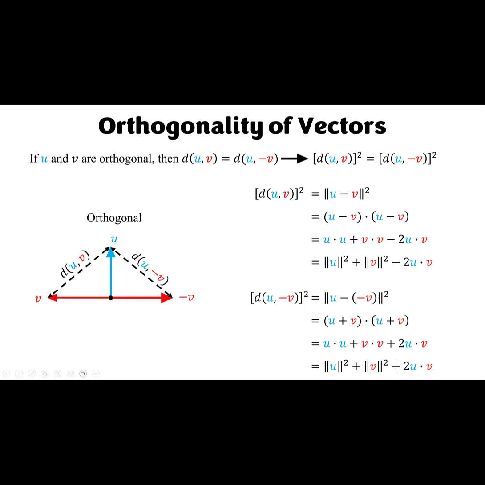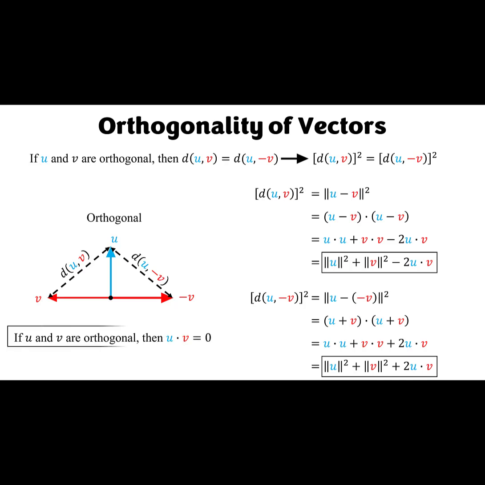Now the only way these two results can be the same, right, because these two distances squared need to be the same when we have the orthogonal situation, the only way that can be true is that if u dot v is 0. So if u and v are orthogonal, then u dot v is equal to 0. That's the only way for these squared distances to be equal, because the length of u squared and the length of v squared are always positive.